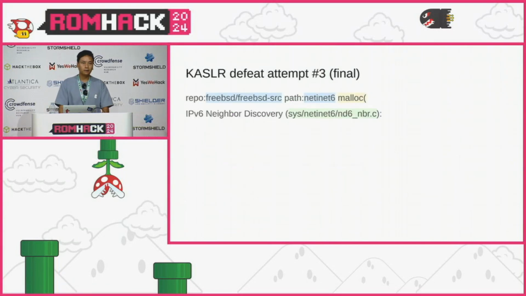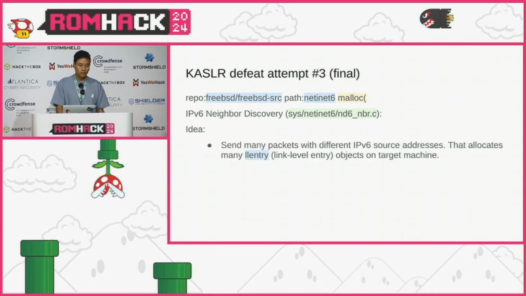So the final KSLR bypass is the following. We send many packets with different IPv6 source addresses, which will allocate a bunch of LL entry objects on the target machine, as before. And then we receive lots of these solicitation packets, because none of these IP addresses exist in the cache yet.